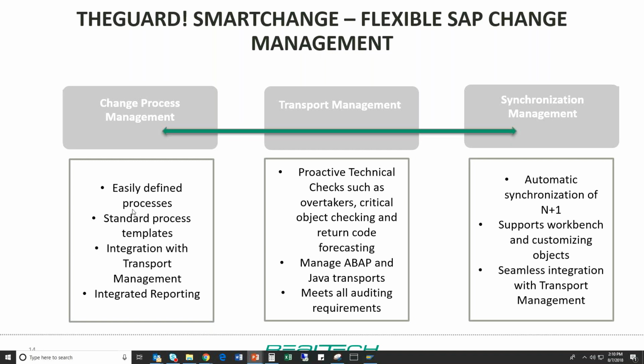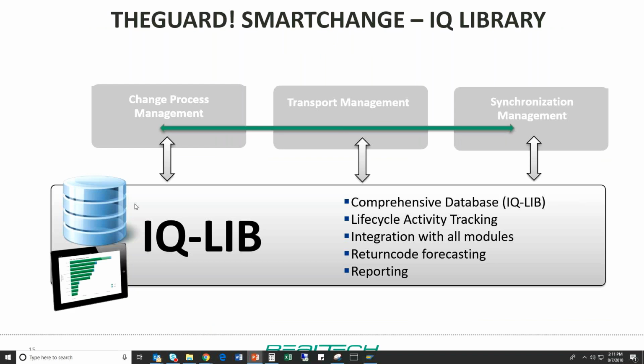And then the synchronization management is a dual maintenance retrofitting solution, integrates with transport management and change process management, and supports both workbench and customizing retrofits. They're all based off the IQ library.